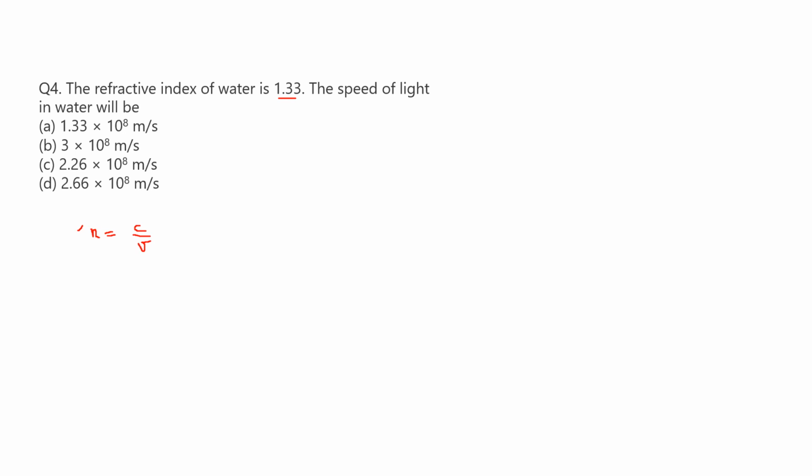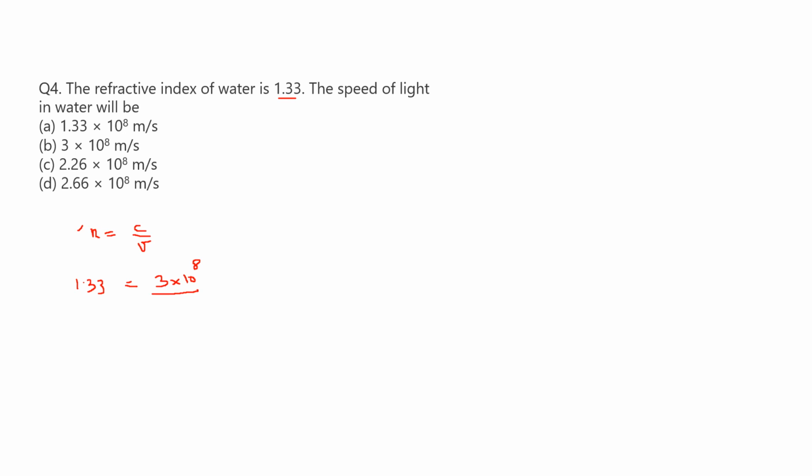So 1.33 is equal to the speed of light in air divided by the speed of light in water. The speed of light in air will never be given. You have to know that the speed of light is 3 into 10 to the power 8.